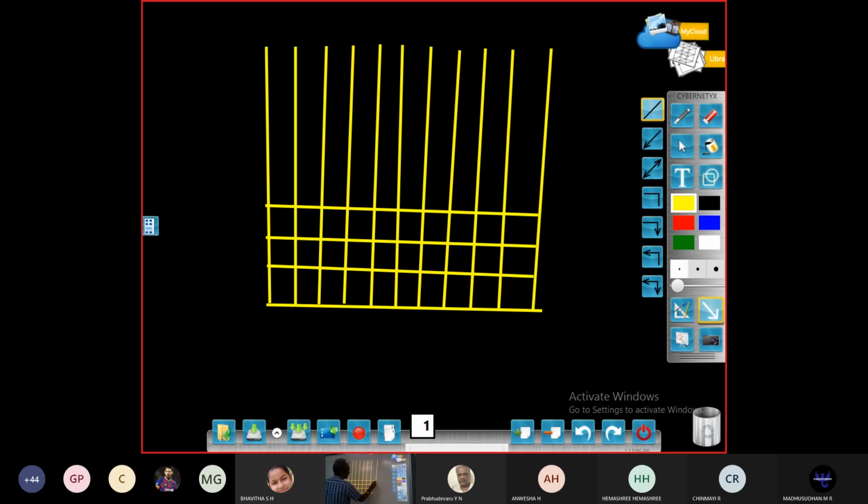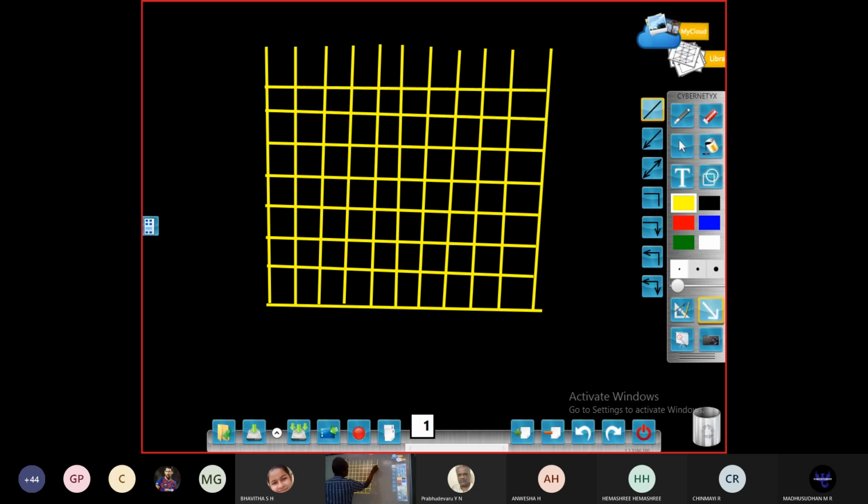So we are writing the rows and columns for the seating arrangement. Now we have drawn the rows and columns here.